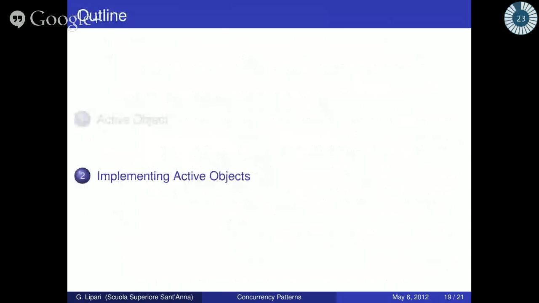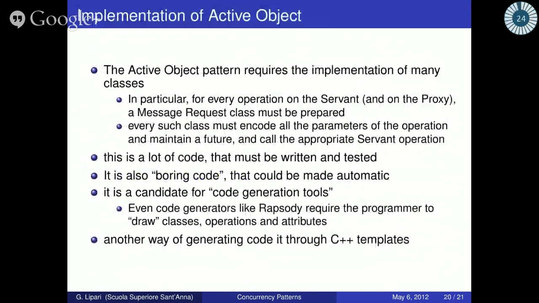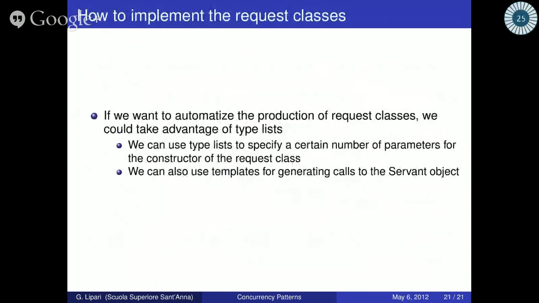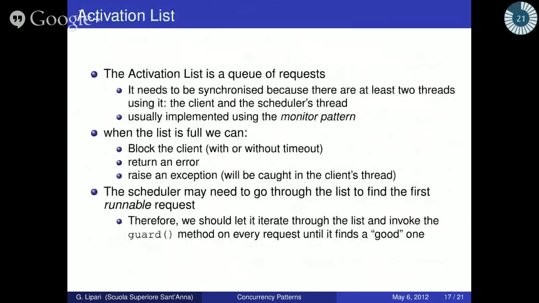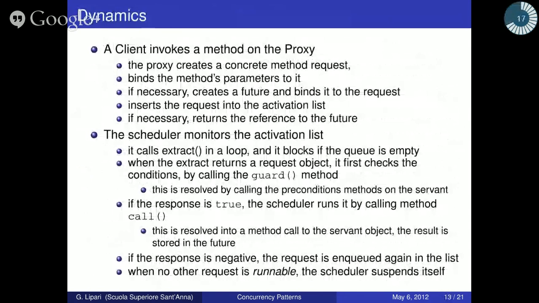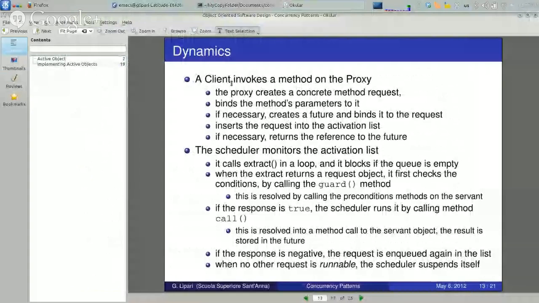Okay, so I think we can skip this because we have already seen more or less everything that is needed. I wanted just to show this pattern, which is quite famous in parallel programming practice.